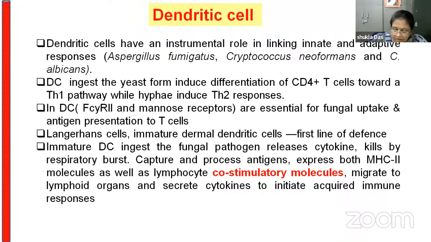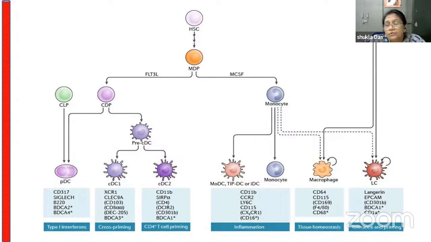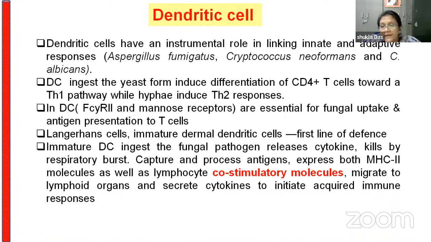Why is DC important? DC is important because they have co-stimulatory molecules. This is very important. Do you want a DC to capture a self-antigen and present it to the T cell? No. Then it will create havoc and cause autoimmune disease.